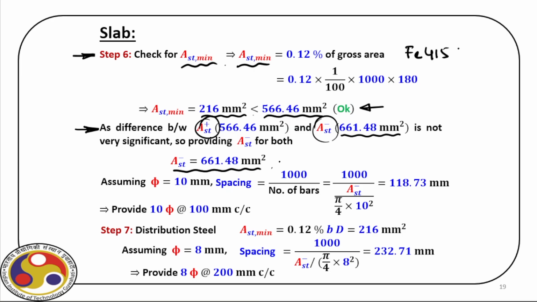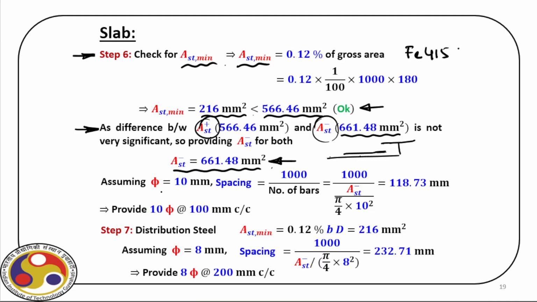Why? Because this will offer easy construction, because at site, at the mid-span, we have this positive value, and over this support, we have this negative value. So if we have different amounts of steel, we have to provide different steels there. In case we decide to go for the same, then construction becomes easier.